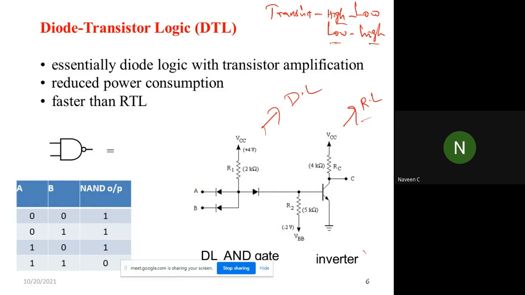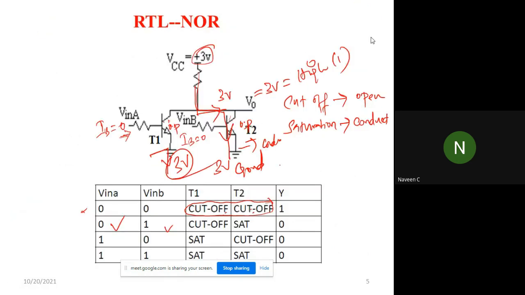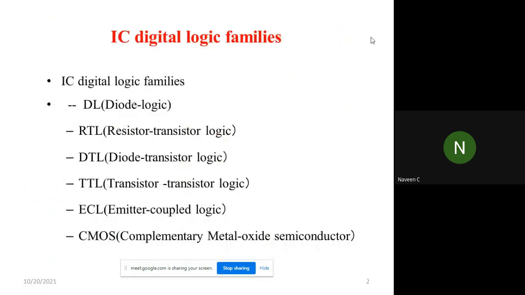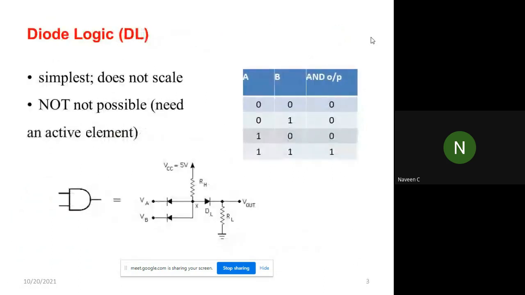So we know that this circuit is giving the output of which gate? AND gate. So if you connect an AND gate with a NOT gate, what will happen?